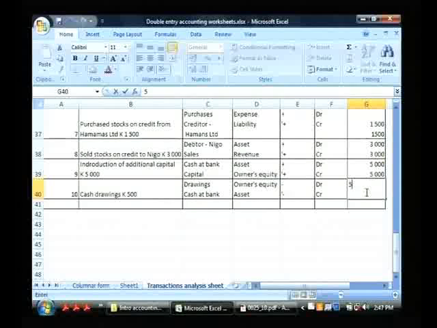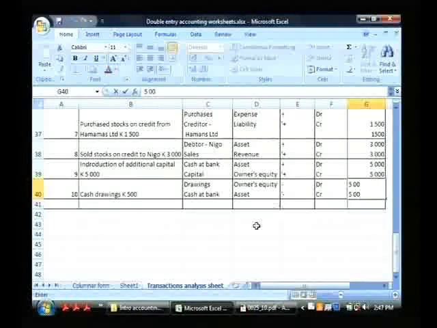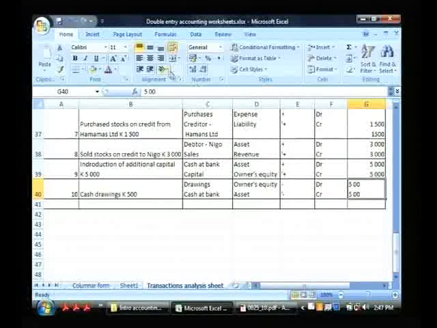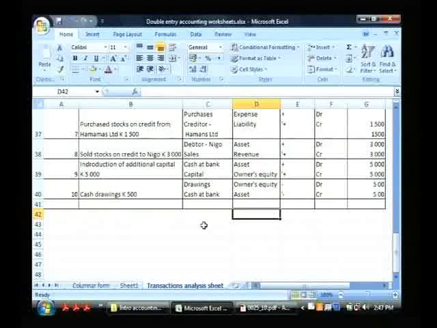Amount 500. So now we have completed the transaction analysis chart for illustration 4.1.